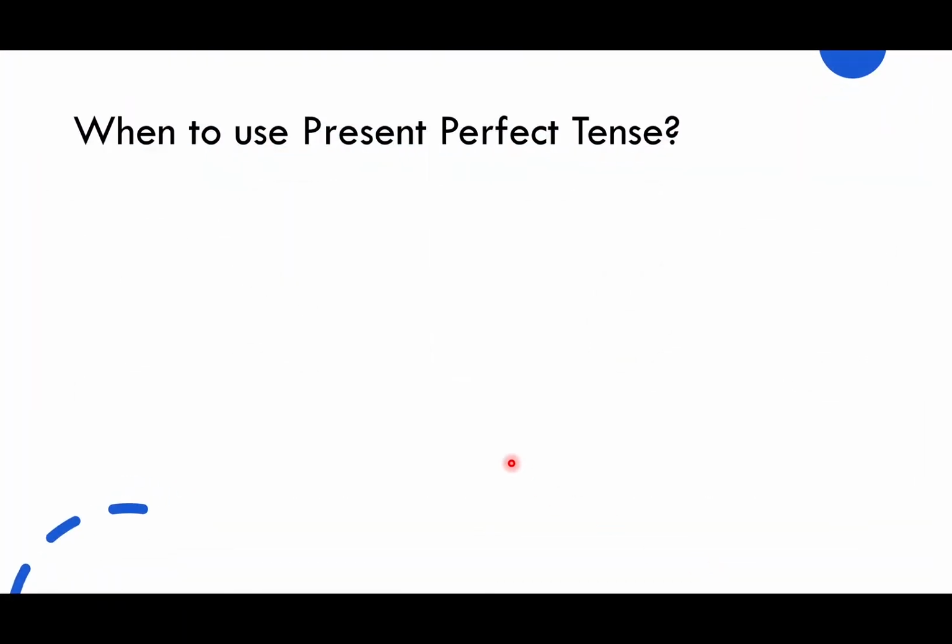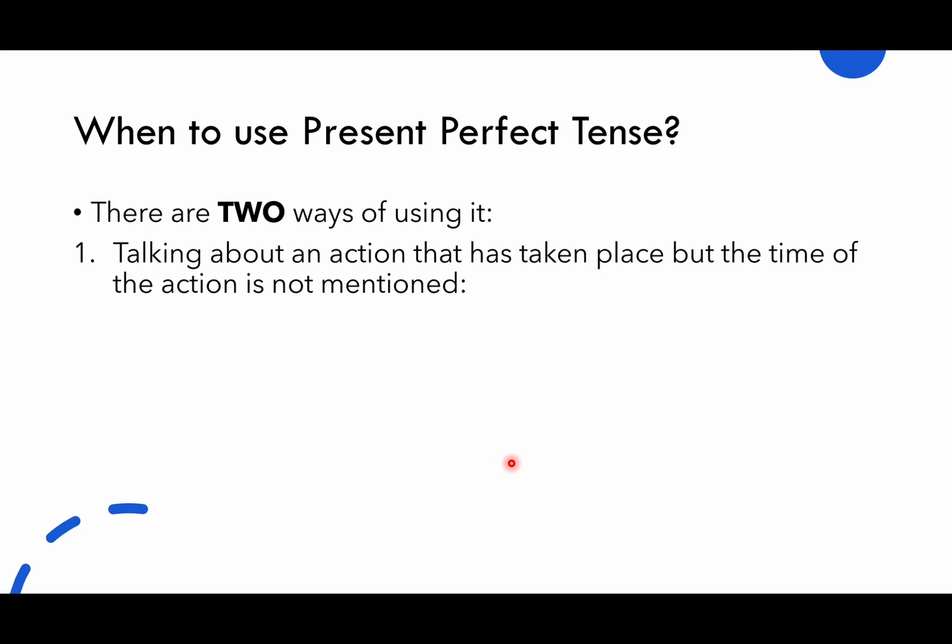When to use present perfect tense. This is really important. You need to understand when to use it, or you will be very confused and won't know what present perfect tense is. The first use is talking about an action that has taken place, but the time of the action is not mentioned.